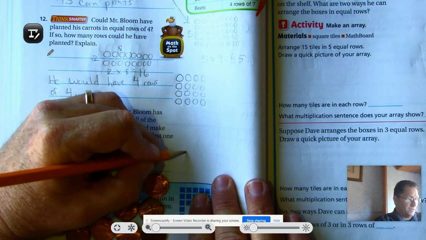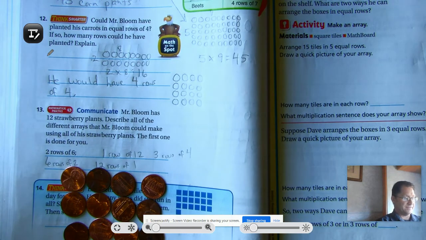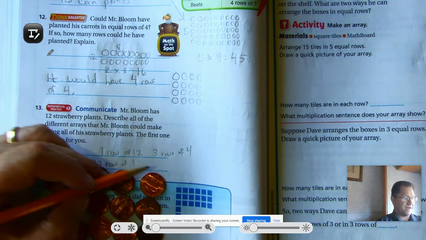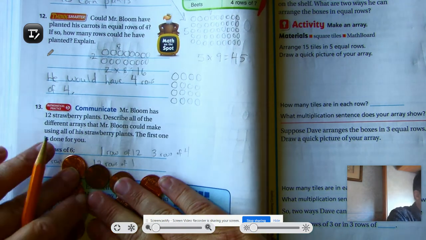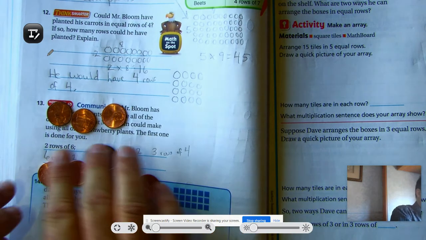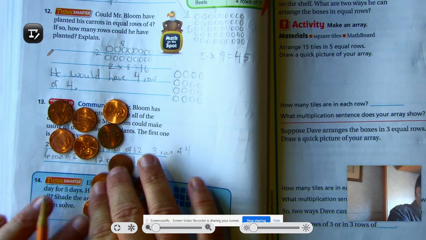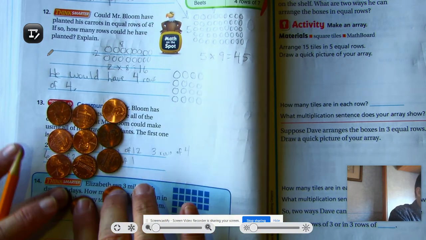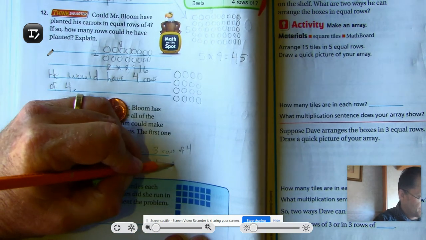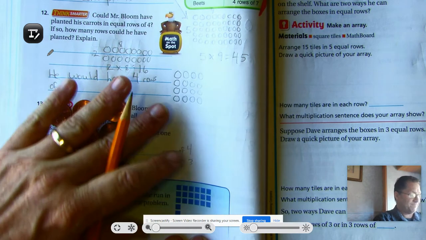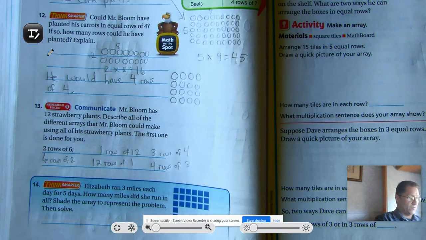And you might be recognizing the pattern that if I have 3 rows of 4, I can turn it. And instead of 3 rows of 4, I should have 4 rows of 3. Okay. So those are all the different ways we can make 12.